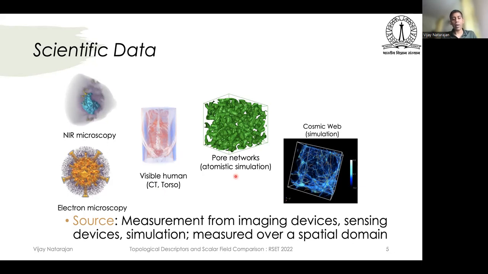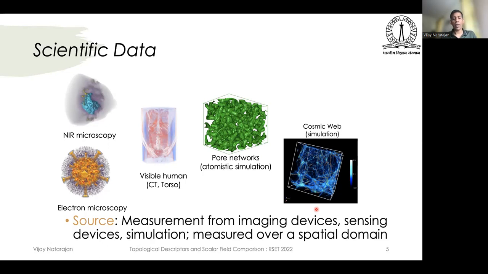Data that comes from simulations, for example, in the study of pore networks in material science, in order to design new and interesting materials. Data that again comes from simulations that helps cosmologists study the structure of the universe, or data that comes from other sensing devices.